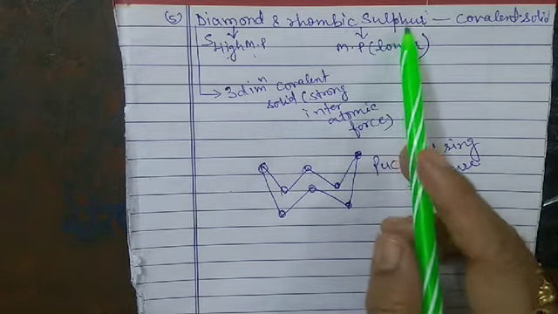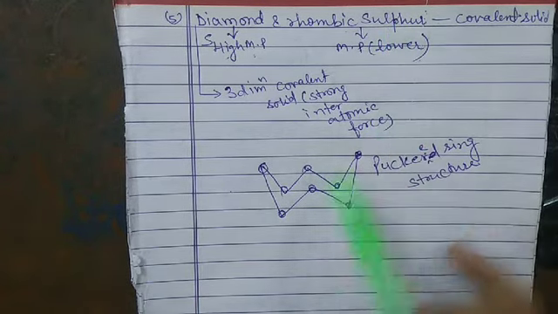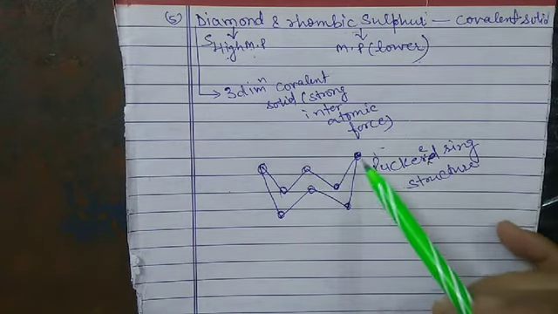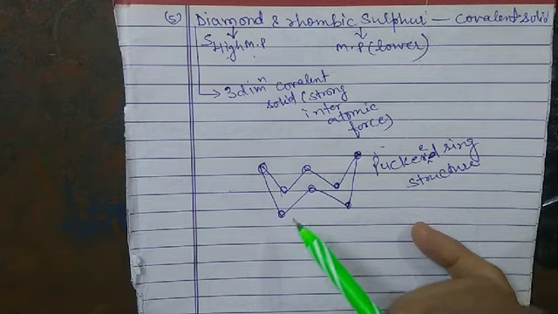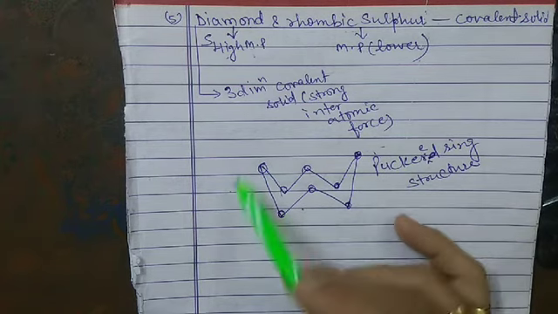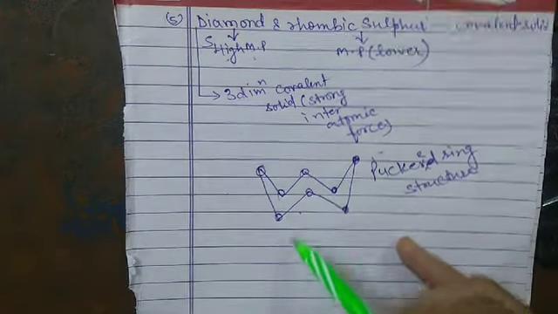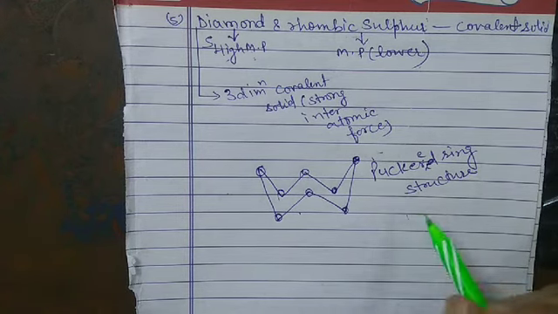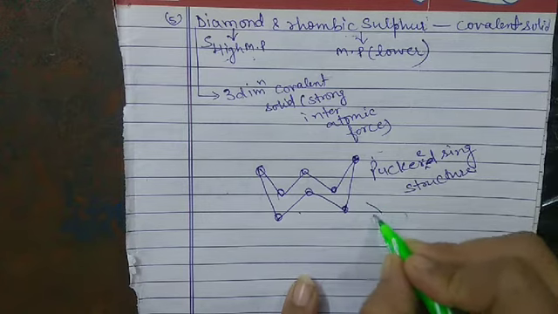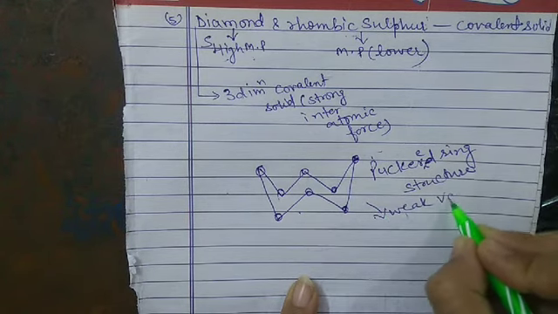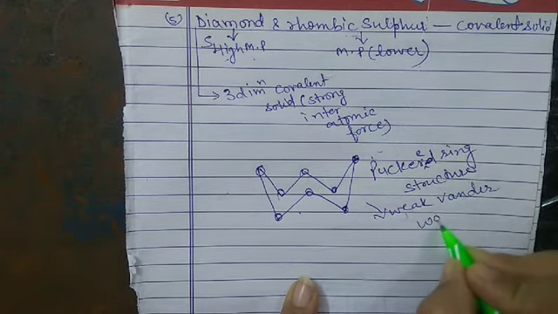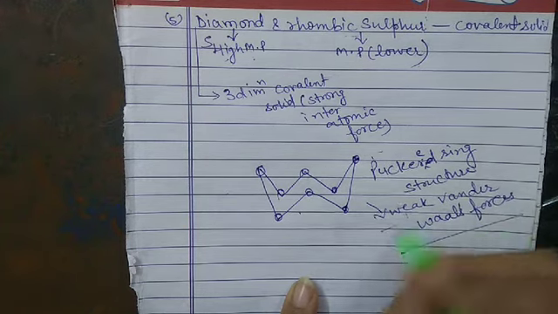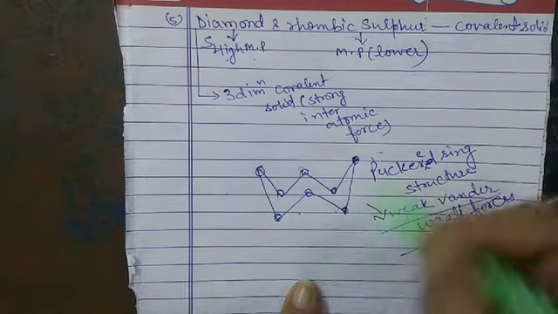So in case of the rhombic sulfur, the structure is a puckered ring structure, and it is a one-dimensional covalent solid consisting of a puckered ring structure where the 8 sulfur atoms are present in the ring, and they are attached with weak van der Waals forces.